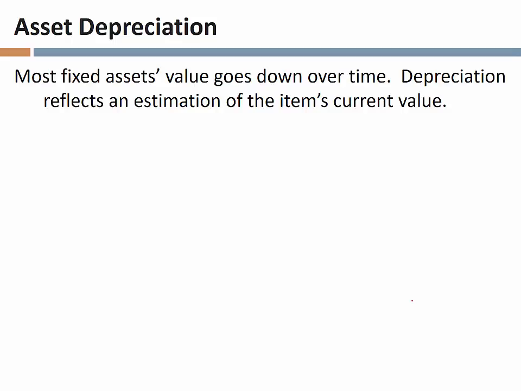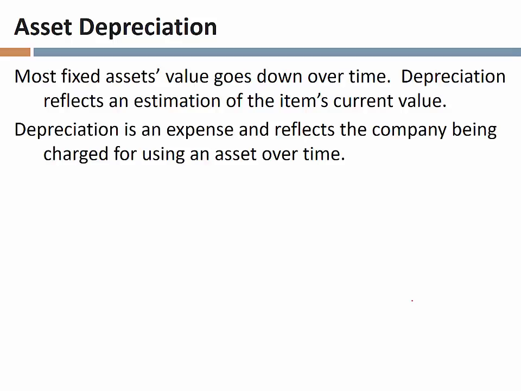Well, if I as a company go out and buy a computer for $2,000, after I've owned that computer for 6 months, it's probably not worth $2,000 anymore. Now, there are exceptions to this. There are some assets that appreciate and gain in value over time, but generally speaking, most of the things that we possess as an organization will in fact depreciate over time.